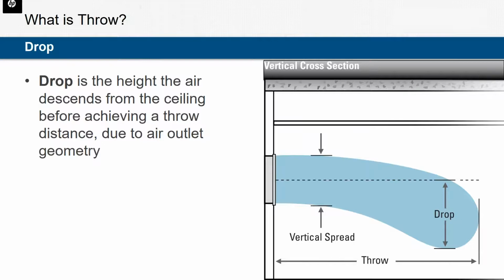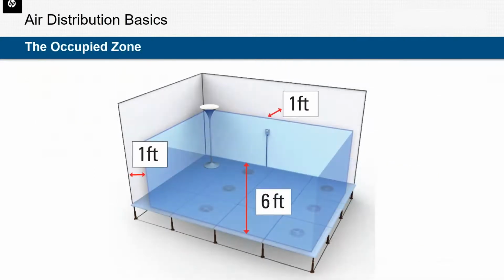There is also the effect that an air jet will simply expand, and that can also cause it to descend into the room. We also colloquially use the term drop to describe an air jet that disconnects from the ceiling, whether from an obstruction or maybe it's focused downwards a bit. Sometimes we'll have air jets that drop from the ceiling and enter the occupied zone prematurely, and that's simply the term we use to describe that.